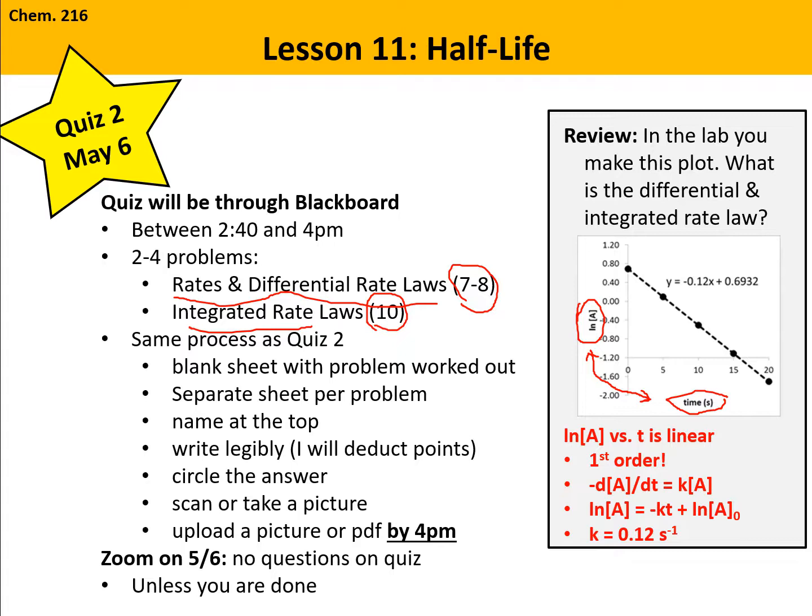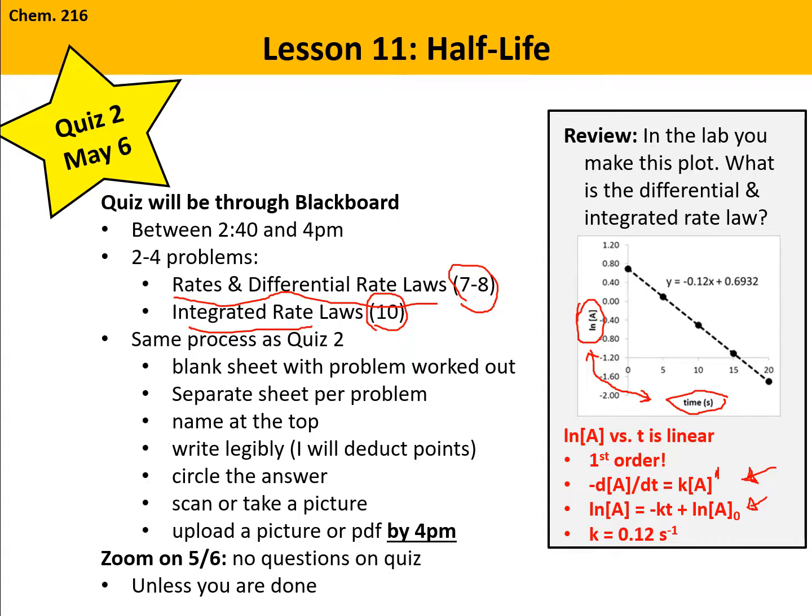So the differential rate law is this one right here, where the rate is equal to k[A], and notice there's a 1 here. Usually I don't even include it. That means it's first order. The integrated rate law is this one right here. Remember, integrated rate laws are nice because they relate concentration to time.